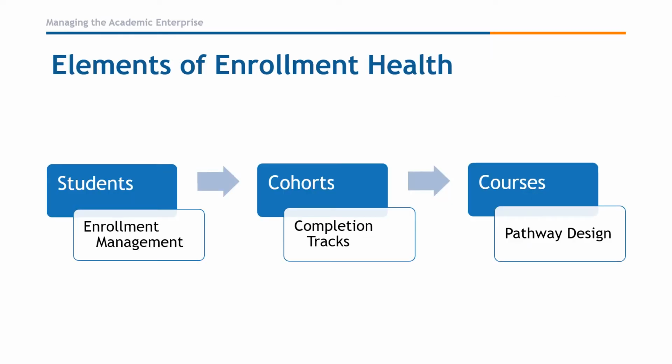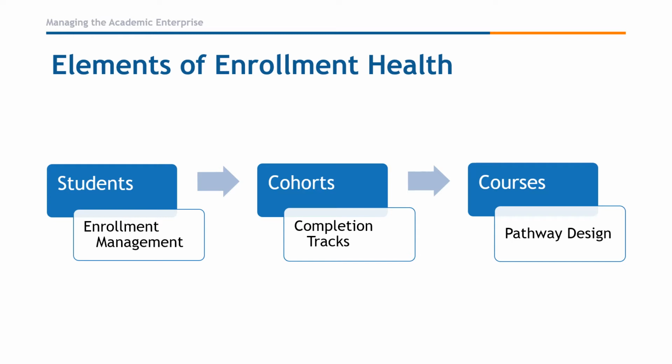So what are the elements of enrollment health? Well, we start with students, but unlike the relatively narrow conversation that sometimes occurs in our industry about strategic enrollment management, we want to expand it beyond just admitting more and more students in the upcoming class. We want to track also how those students actually get integrated into the institution, and how they're pursuing various different programs of study.